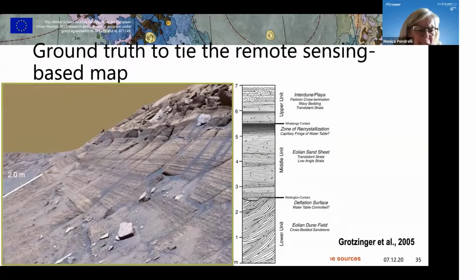We would not need to have all our area covered by this detail, of course it would be fantastic, but it would be fantastic to tie the remote sensing based map with this data. This is something that it is possible now to do, but just in very few spots where, again, we have rovers on the ground.